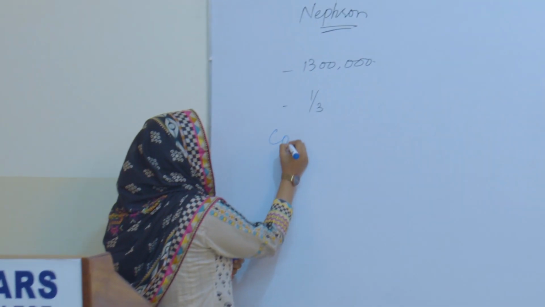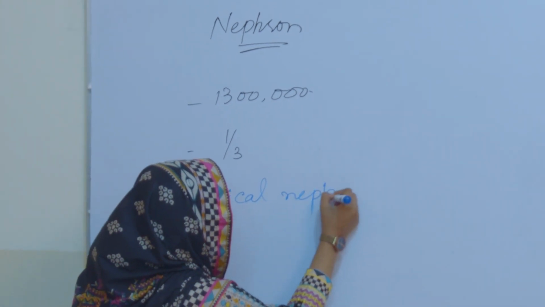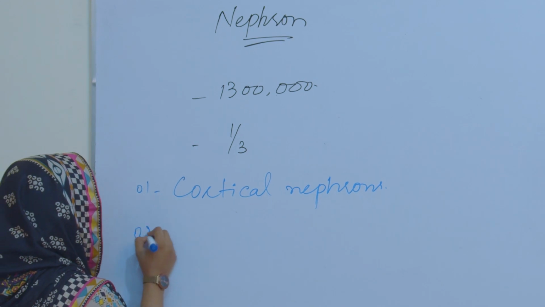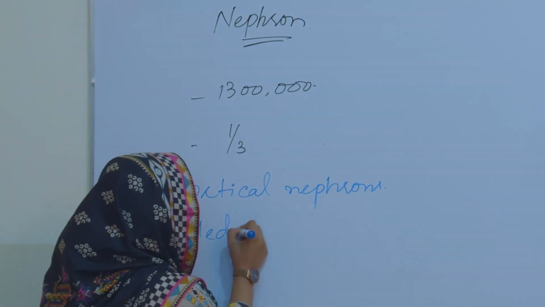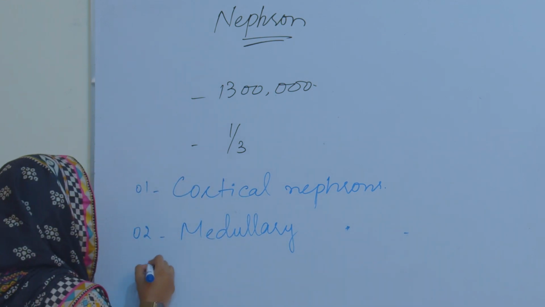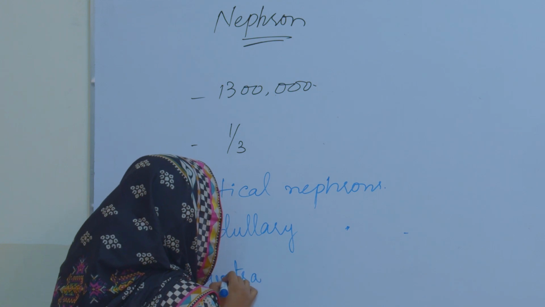Number 1 is the cortical nephrons. Number 2 is the medullary nephrons. And number 3 is the juxtamedullary nephrons.